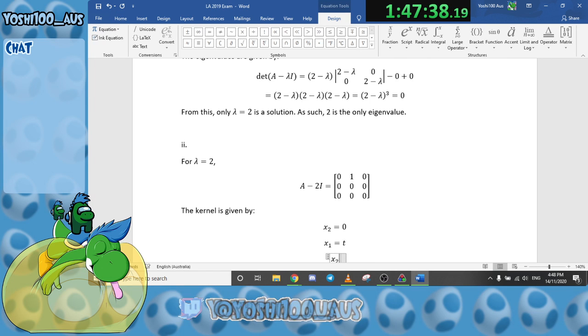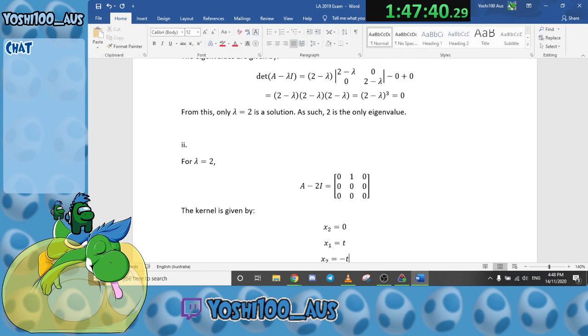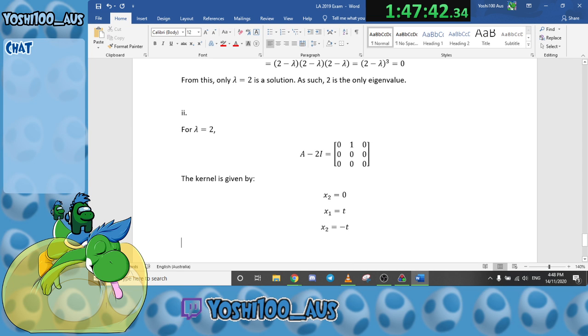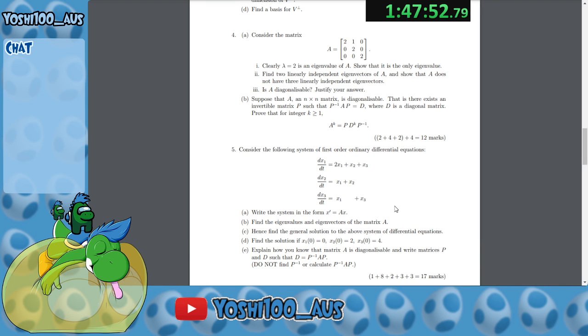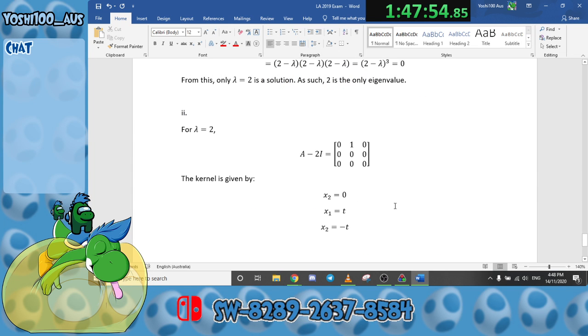So x3 has to be negative t, right? No, that's not right, is it? Because then you get 1, 0, minus 1. That's only one eigenvector. It's the other one. Is that right or is that wrong?